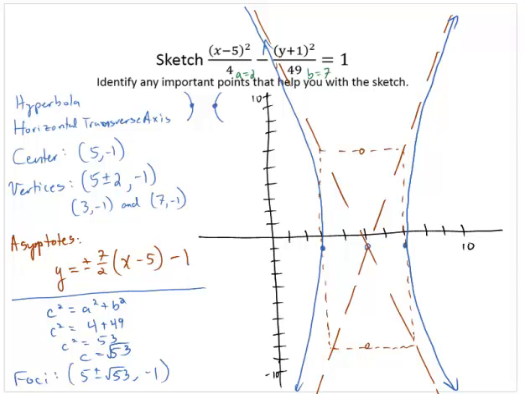And so we would find a focus, from our center, 1, 2, 3, 4, 5, 6, 7. Here's a focus, and that's at 5 minus the square root of 53, comma negative 1. And 1, 2, 3, 4, 5, 6, 7. Here's a focus, and that's at 5 plus the square root of 53, comma negative 1.